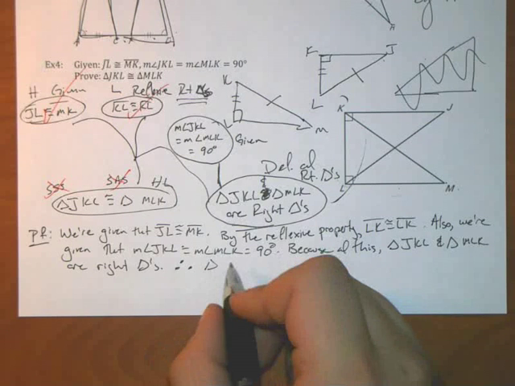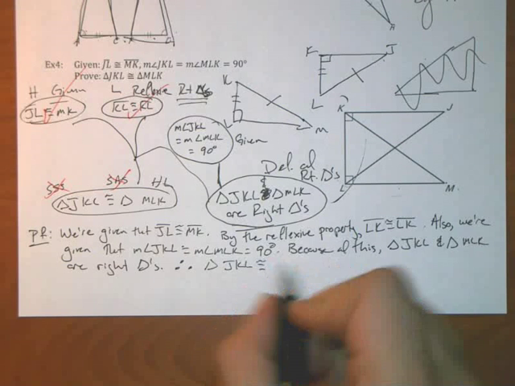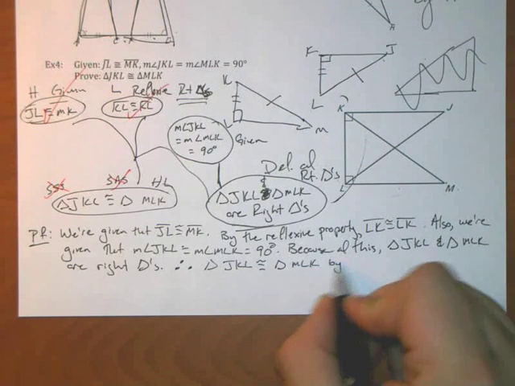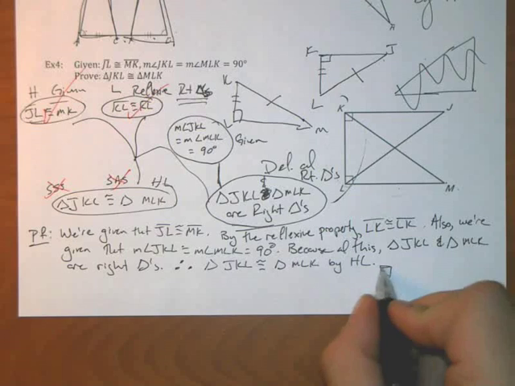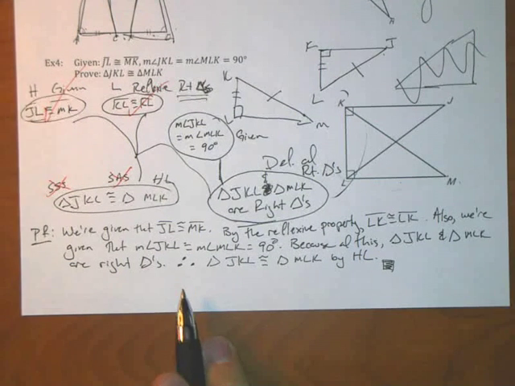Therefore, triangle JKL is congruent to triangle MLK by the hypotenuse leg theorem.